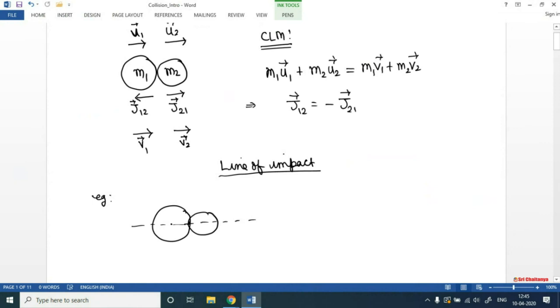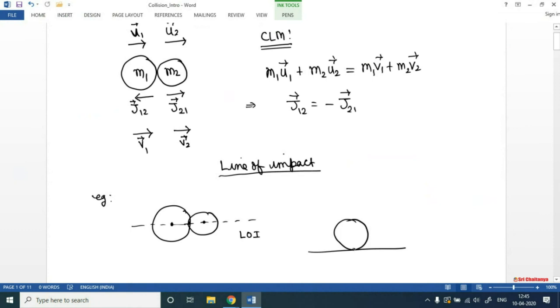Here, since we have taken both these colliding bodies as spherical, the line of impact would be the line joining their centers. Another example: there is a plane surface and a sphere is colliding with it.